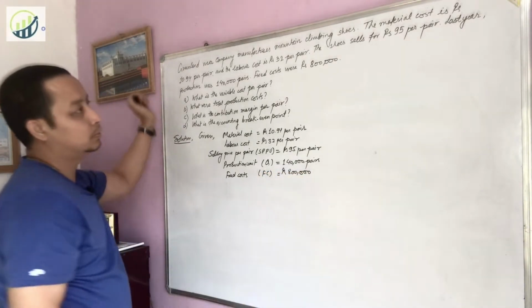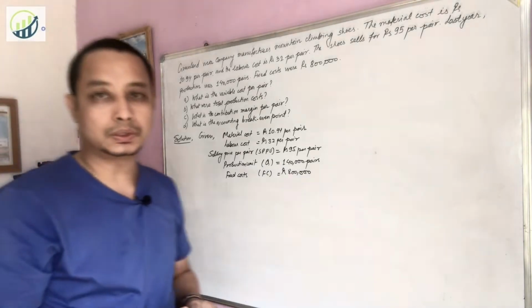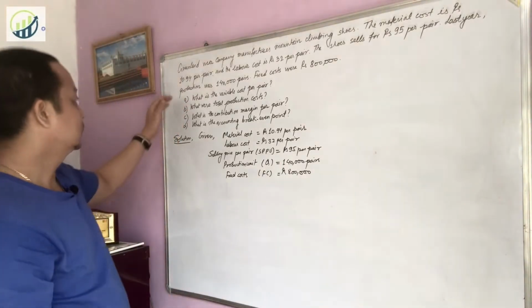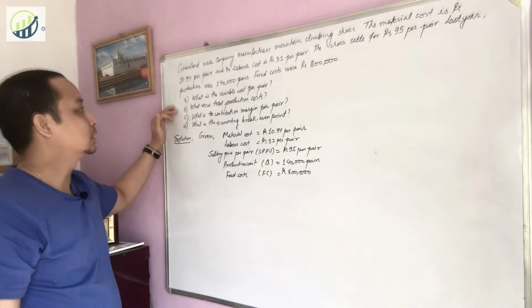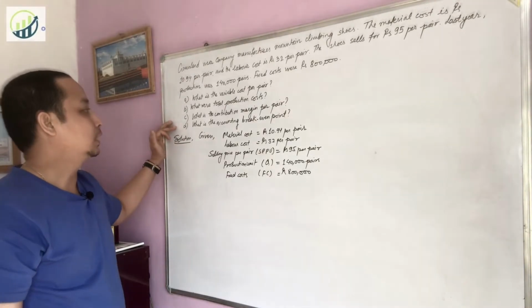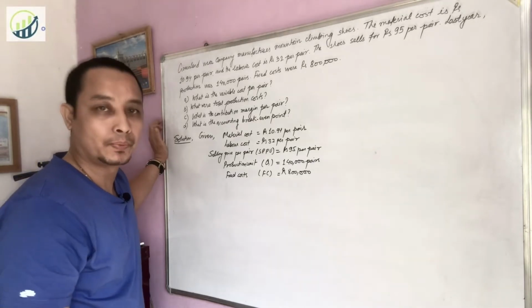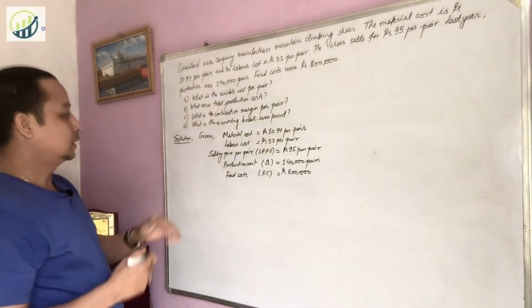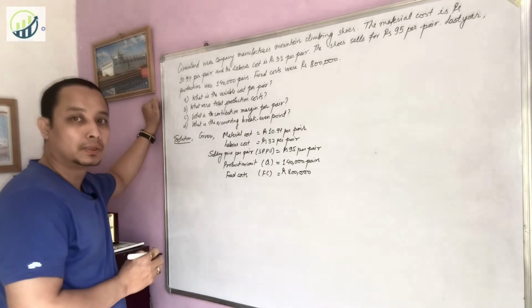So these are the information given, and from using this information you have to find the variable cost per pair, total production cost, contribution margin per pair, and the accounting break-even point. So by seeing the information, let's find each and every item here.